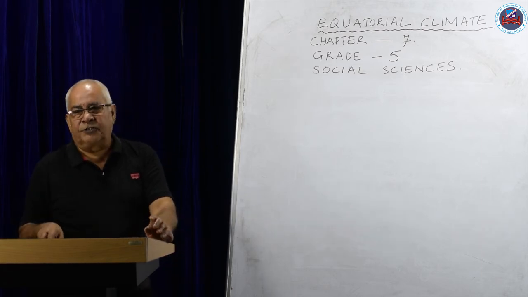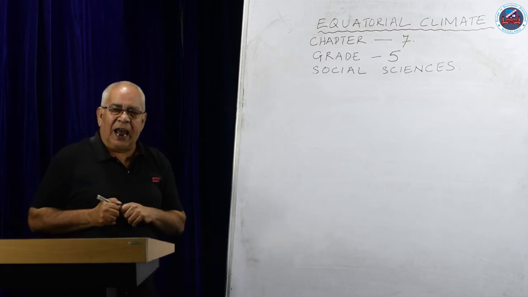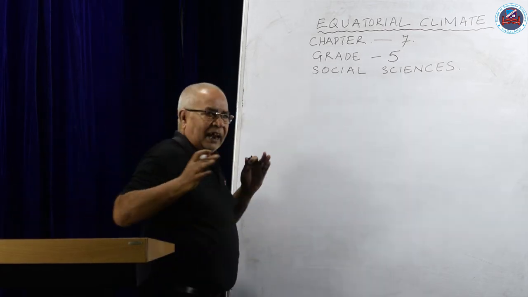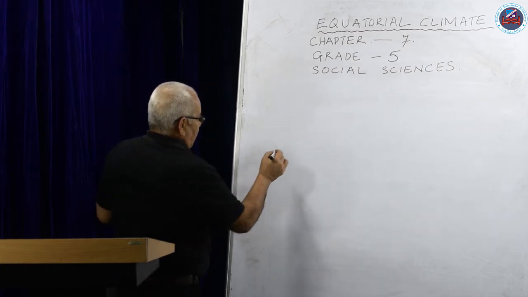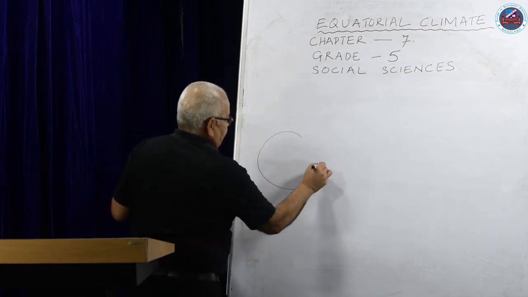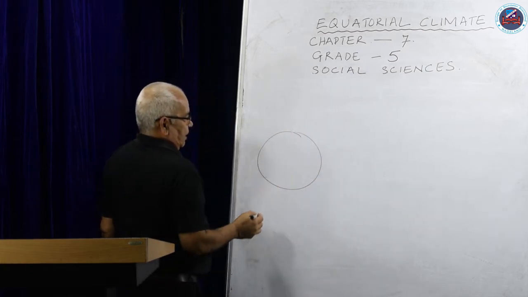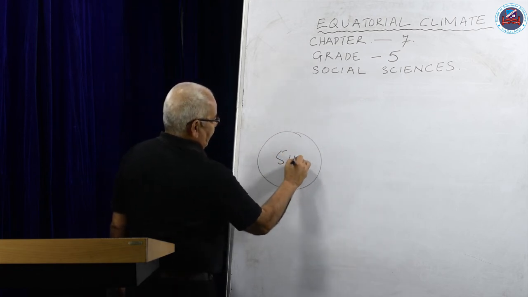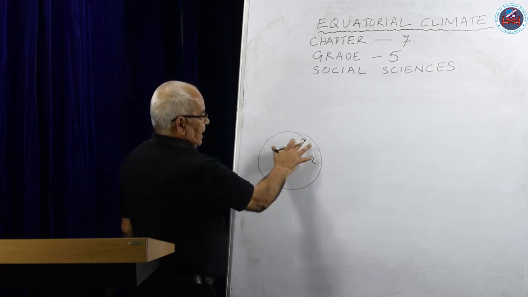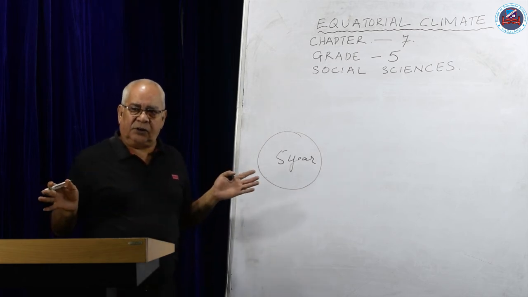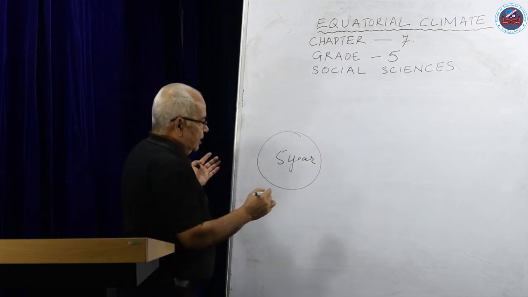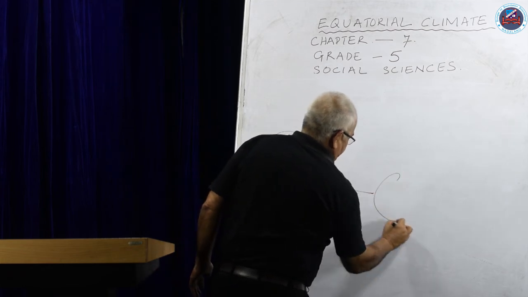Now, when we're talking about shifting cultivation, we have shifting cultivation in Nagaland too. For example, one family cultivates this area. Then after, let's say, 5 years, when the land has lost all its minerals or its value, they shift to another area.